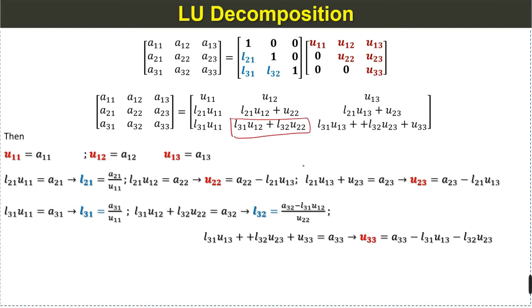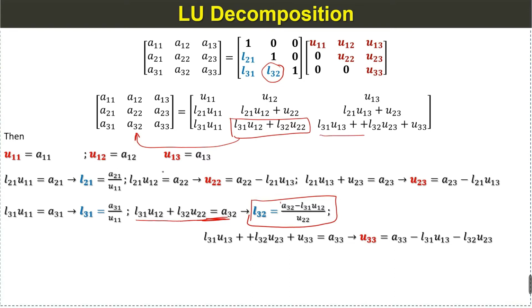Next we compare this entry with this one, a32. Here we can see that this is equal to a32, and we have to find the value of L32. So we again rearrange this equation, and after substituting all these values we will get the value of L32.